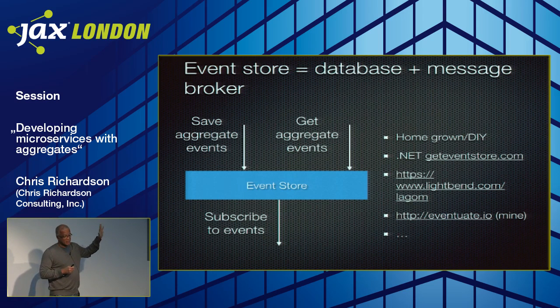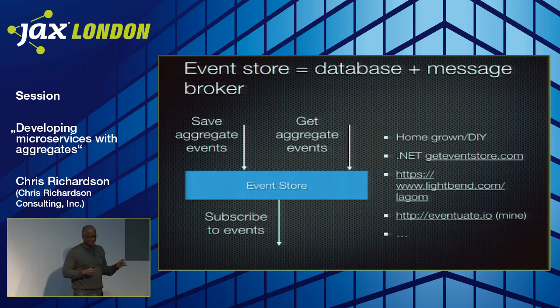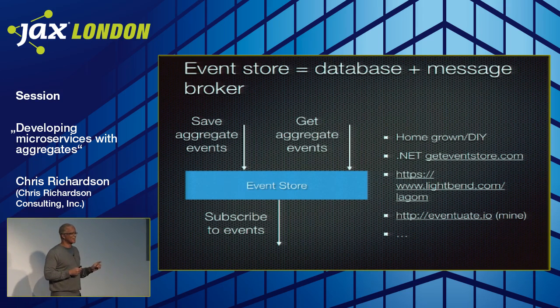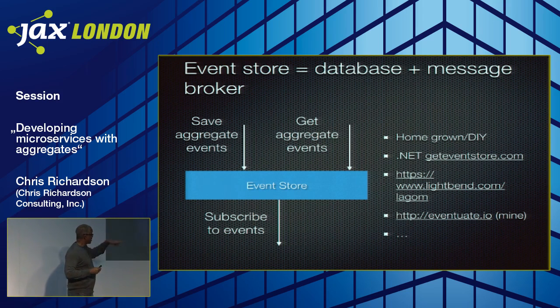People have built their own. There are also dedicated event stores, like Get Event Store in .NET. There's Lagom, if I pronounced that correctly, which is Swedish for just right, and you have to pronounce it just right. That is another one, and then my company has built one as well. It's open source and SaaS.